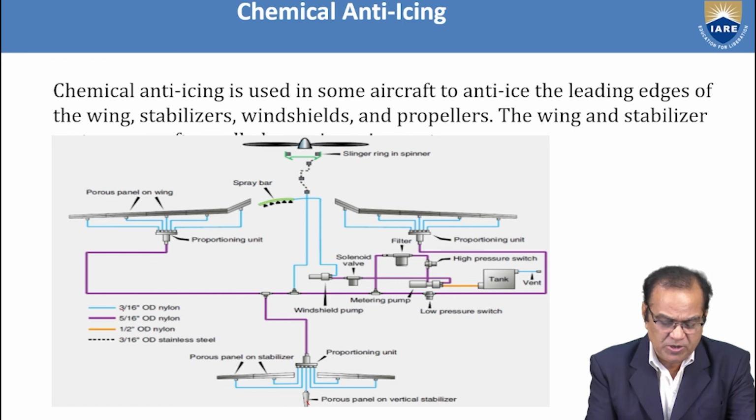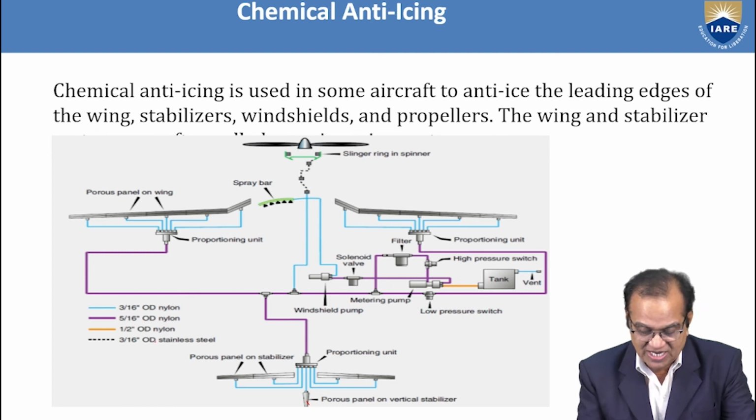Here you can see blue is 3/16 OD nylon, 5/16 OD. These are the pipe sizes: 1/2 OD nylon, 3/16 OD stainless steel. All this dotted line is shown here. So these things are made, and different metering pumps are there.